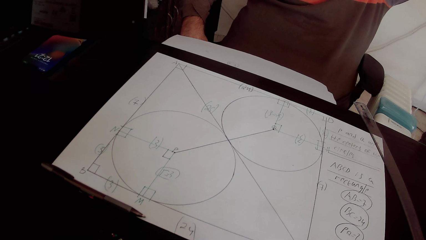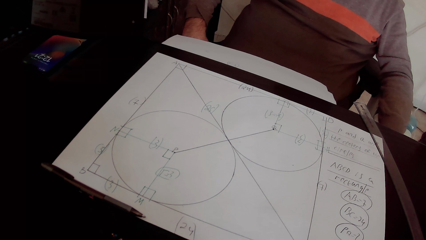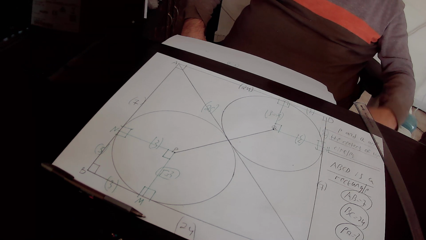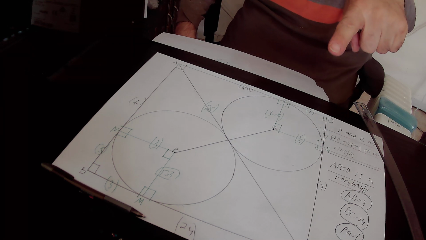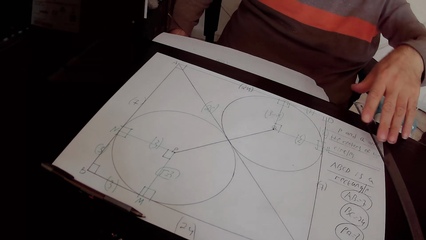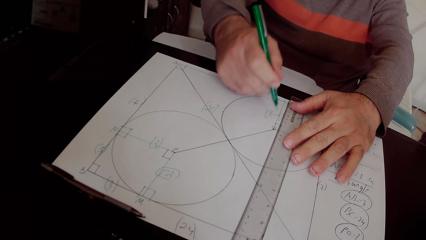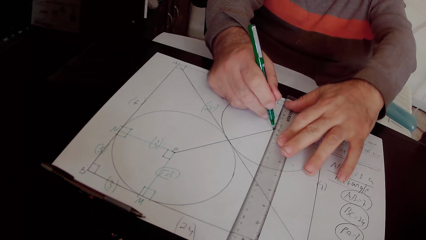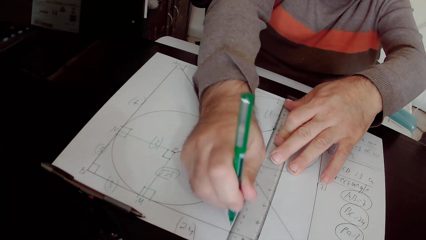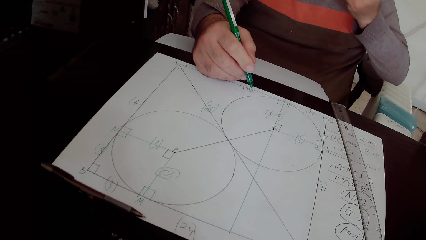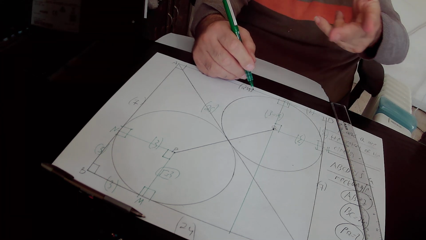Okay, so in the next step we will extend the radius LQ by a straight line until it touches the side BC of the rectangle. The radius LQ is absolutely a straight line.